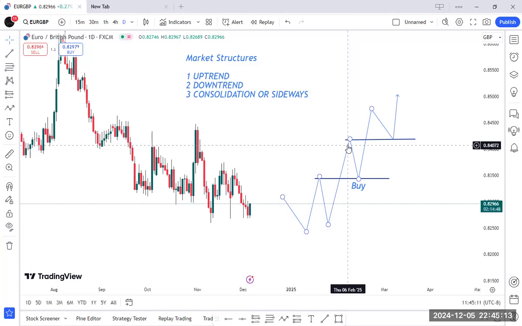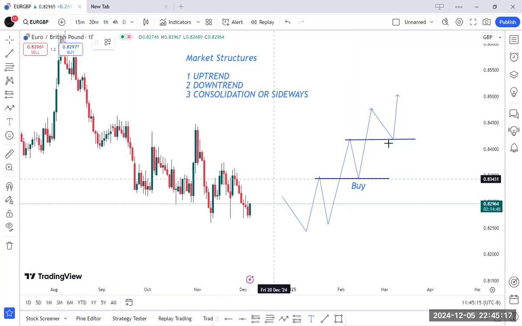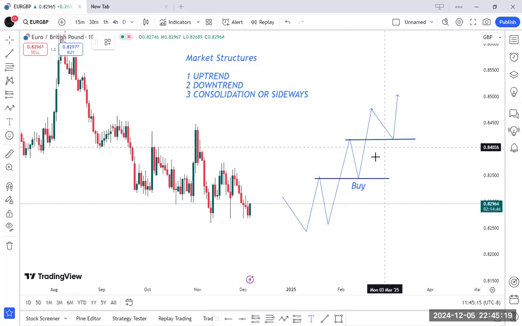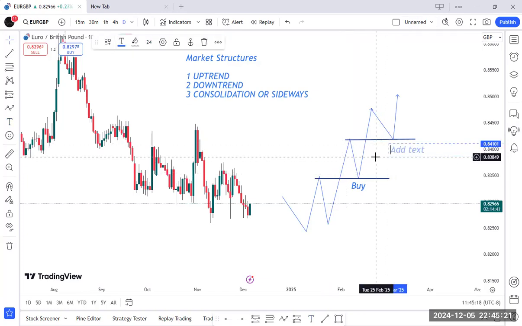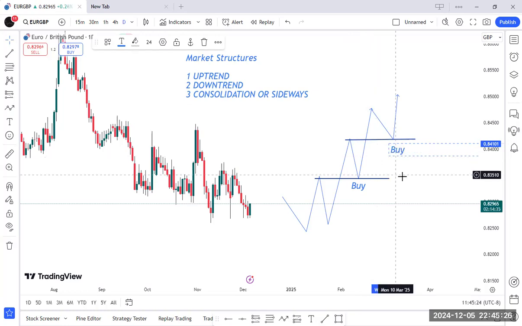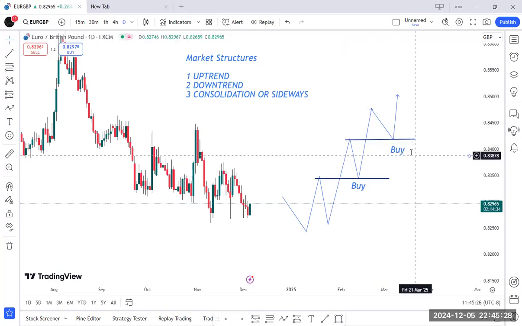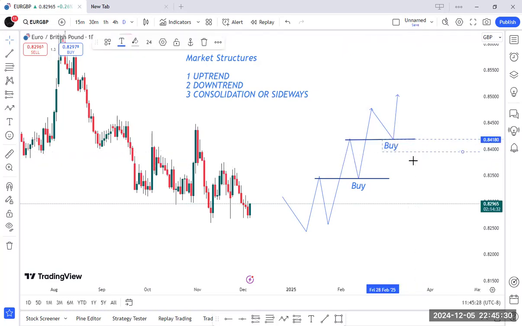It will shoot back up. You always look to buy when price is at this level, because once price goes up, it will definitely come back down again. Anything that goes up will come back down.